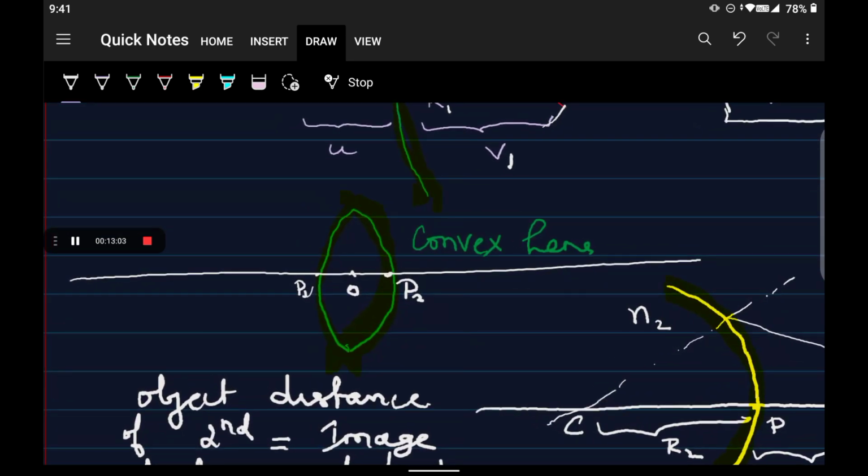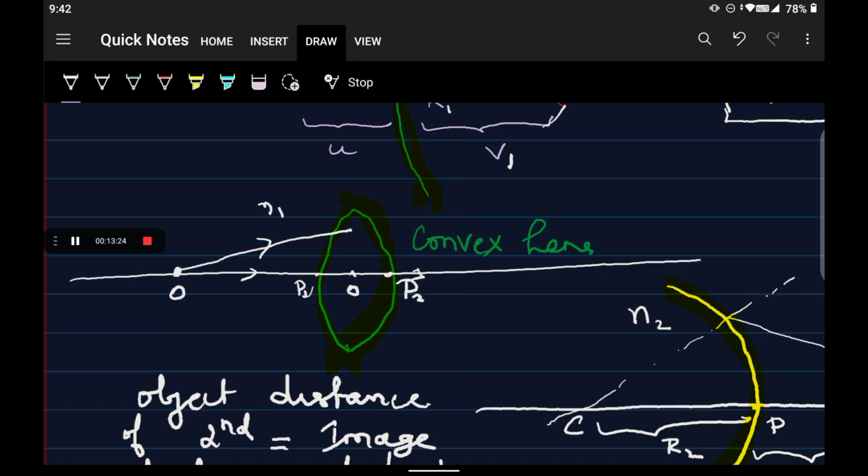Then you place the object like that, and I always consider one ray passing along the principal axis, which suffers no deviation, and the other one suffers a deviation since it is falling at a certain angle.